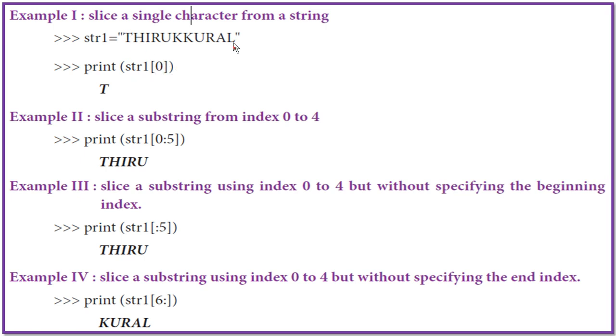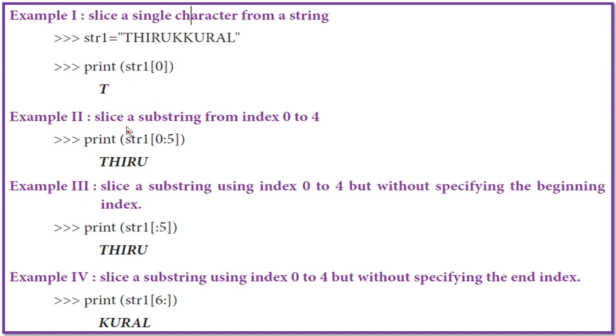The index values start from 0, 1, 2, 3, 4, 5 and so on. The first character is T, that is represented as str1 of 0. So, we are slicing a single character from the main string Thirukural.